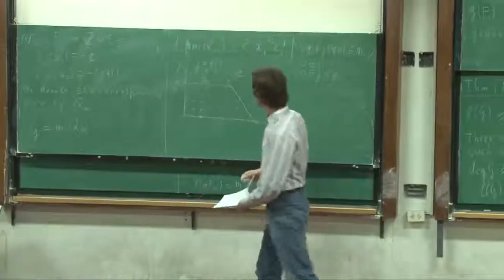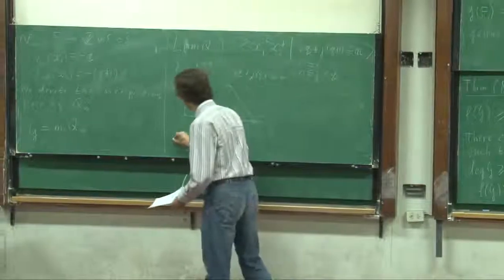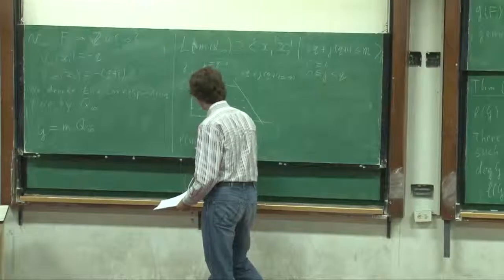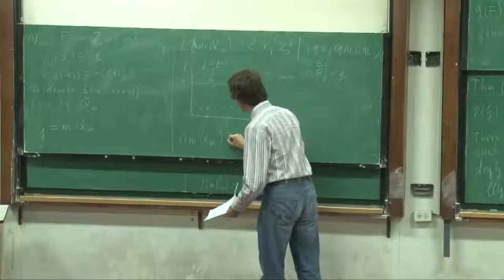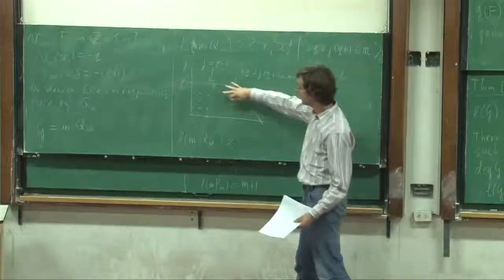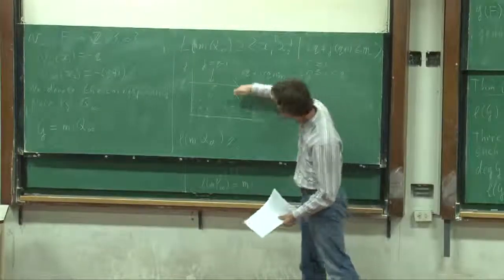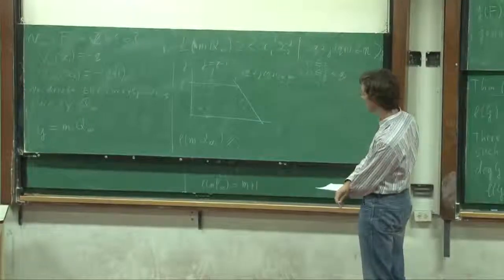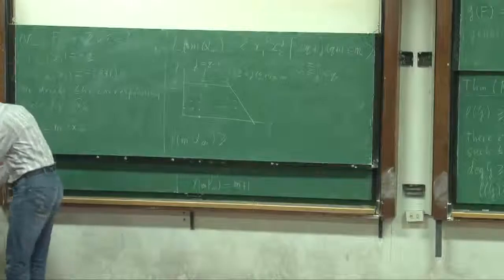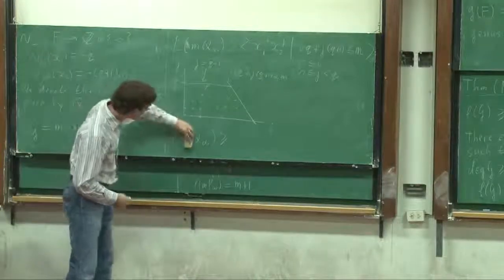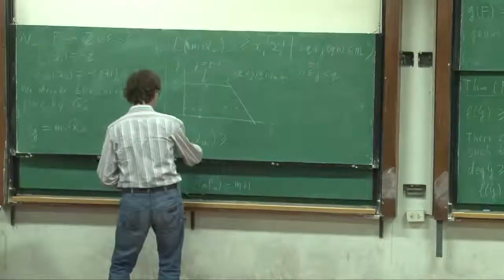So what I can say is that this L(mP) is going to be larger than or equal to, now I have to do this counting. Count exactly how many lattice points there are in here. And in fact, I will leave it as an exercise to work out the exact details, but let me give you one little piece of advice.